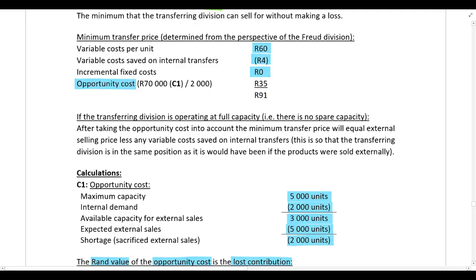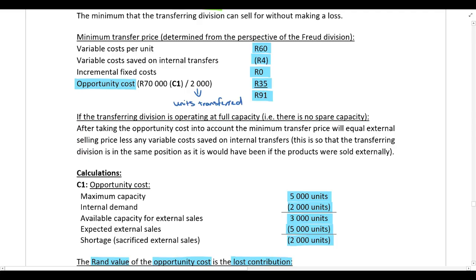We need the opportunity cost per unit, so you just need to divide by the number of units that are going to be transferred, to get the opportunity cost per unit. And that then gives us the minimum transfer price.